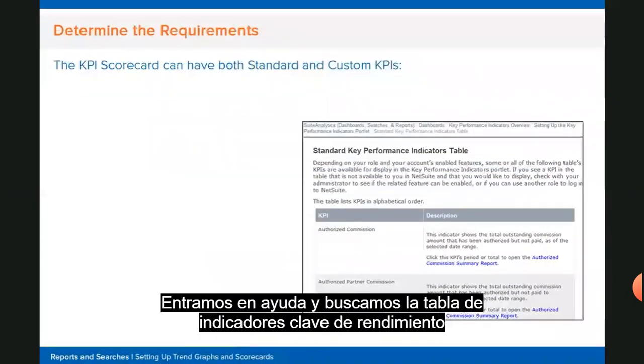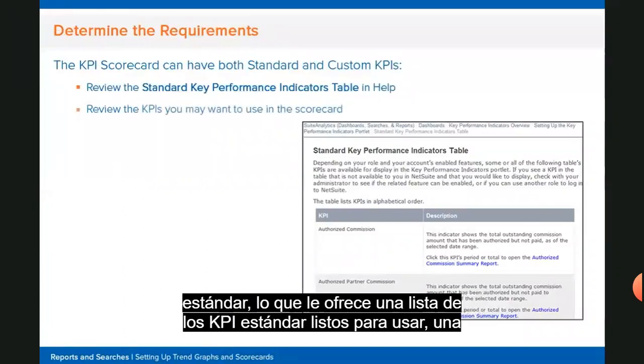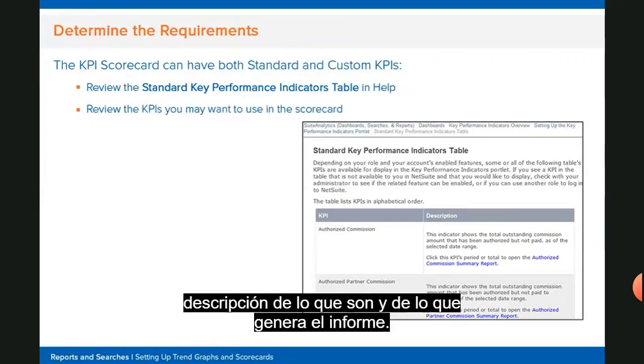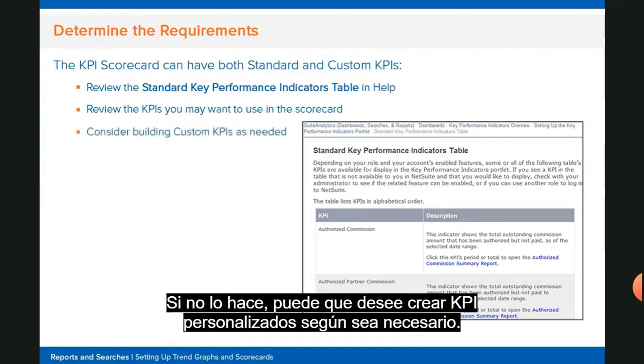We went into Help and looked up the Standard Key Performance Indicators table, giving you a listing of the standard out-of-the-box KPIs, a description of what they are, and what report generates that KPI result. If you have everything you need, you're fine. If you don't, you may want to consider building custom KPIs as needed.